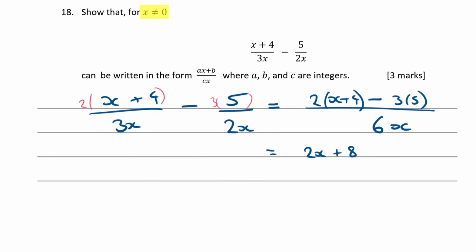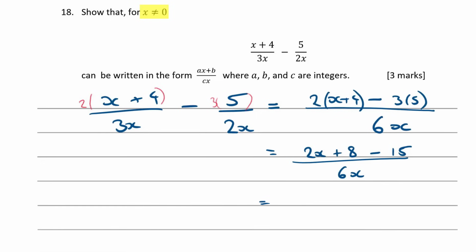Don't forget to multiply the 4 by 2. Minus 15 all over 6x. So that's going to be 2x. 8 take away 15 is minus 7, isn't it? So there we go, (2x minus 7) over 6x. So that is of the form (ax plus b) over cx, where a is 2, b is minus 7, and c is 6. So that is all fine.